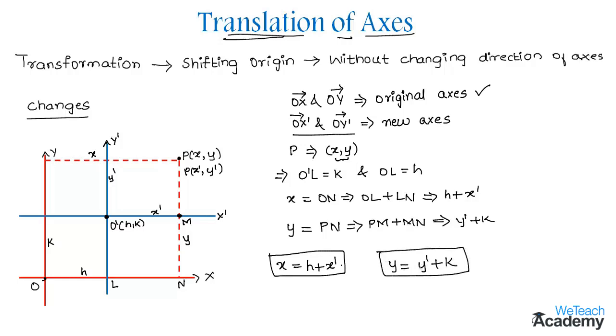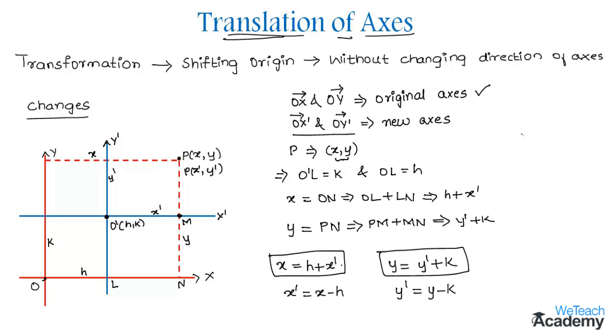From this, we can also find the coordinates in the new axis: x dash is equal to x minus h, whereas y dash is equal to y minus k. Using this formula, we can find the coordinates of the point in the new axis.